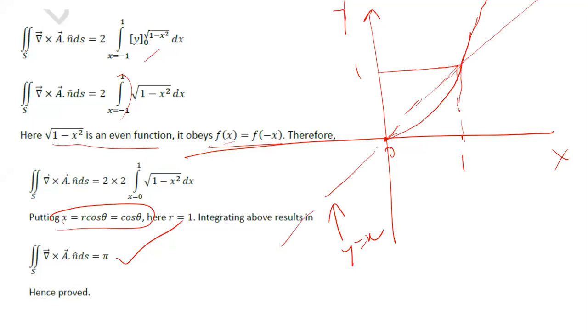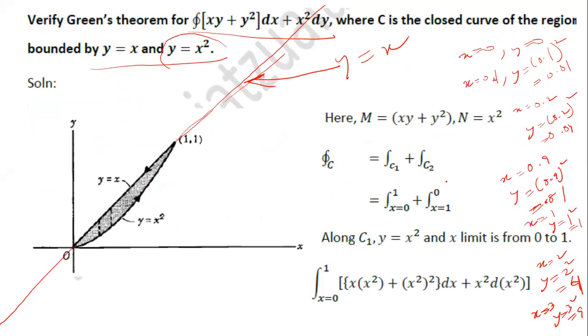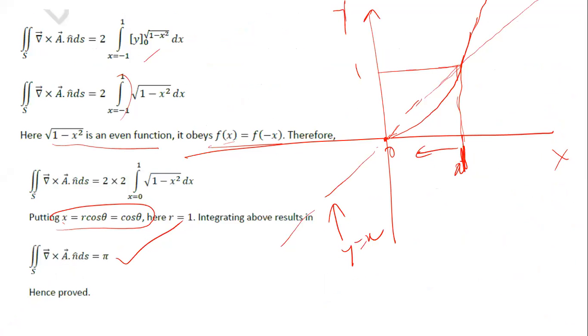When x value is less than 1, if you see x equal to 0.1, y is 0.01, 0.2 gives 0.04, 0.9 gives 0.81. So when x value is less than 1, y value will be less than x. But when x value is greater than 1, x equal to 2 means y is 4, x equal to 3 means y is 9. So your curve will be this. This is y equal to x square. I hope you can picture that.